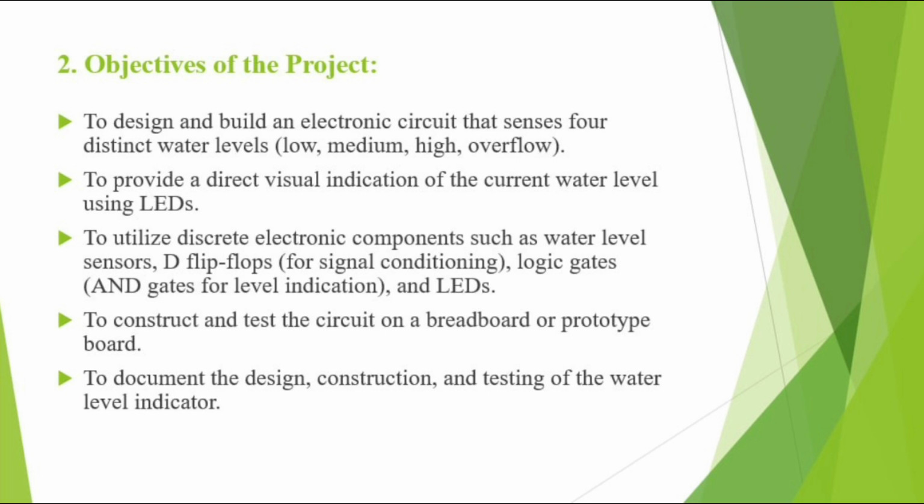Third, to utilize discrete electronic components such as water level sensor, D flip-flop for signal conditioning, AND gate for level indication, and LED. Four, to construct and test the circuit on a breadboard or prototype board. Five, to document the design, construction, and testing of the water level indicator.